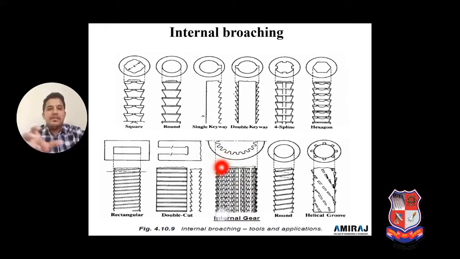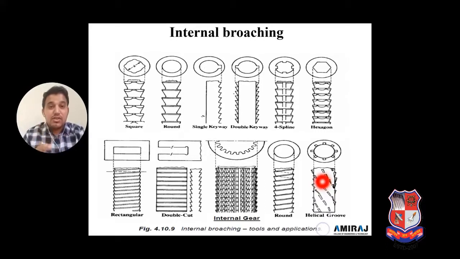So when we are preparing sun and planet type arrangement or rack and pinion type arrangements, at that time for internal gearing purposes we are using the broaching operations. Round, then you can observe here the helical grooves are there. When helical grooves are required, this is the most important term.